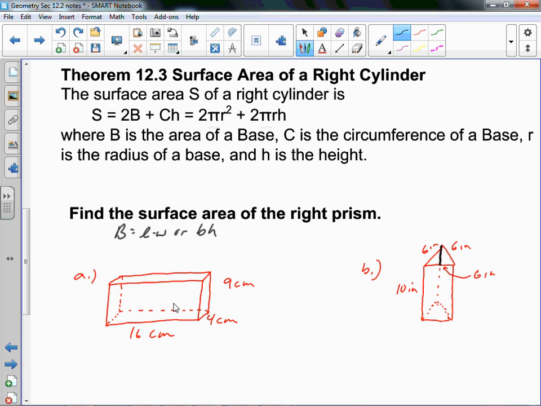I actually like length times width better in this case because we're talking about a prism that has bases, and then you look at the base of a polygon times the height, kind of confuses you, so focus on length times width. And then the other formula we need is the perimeter, which is 2 times the length plus 2 times the width.